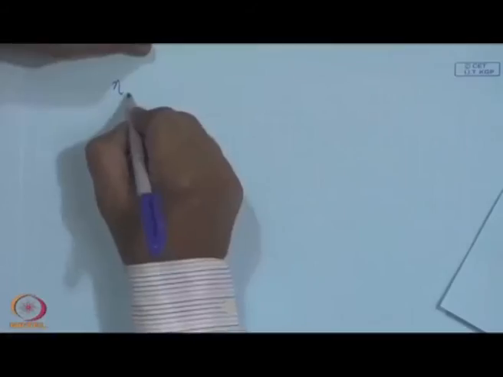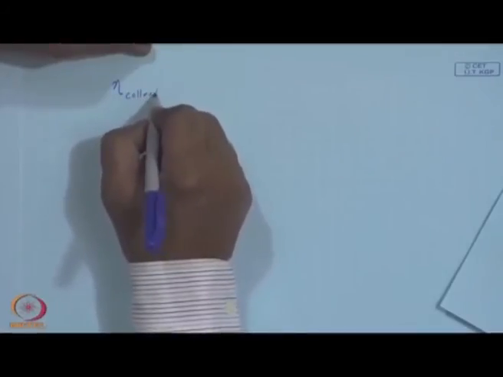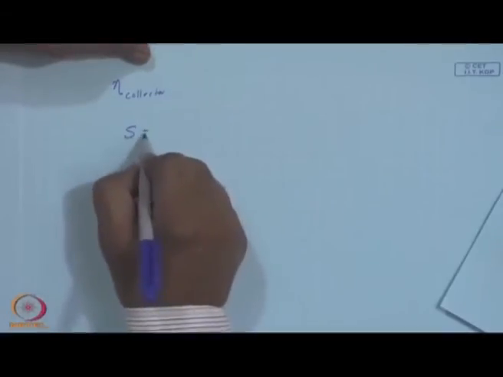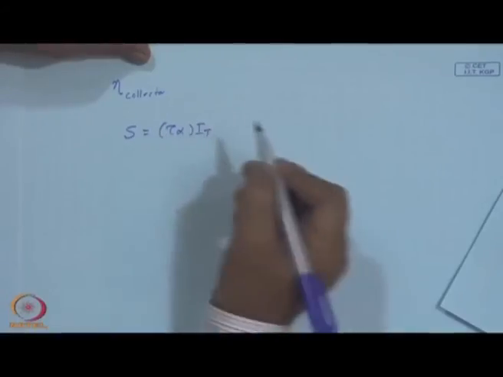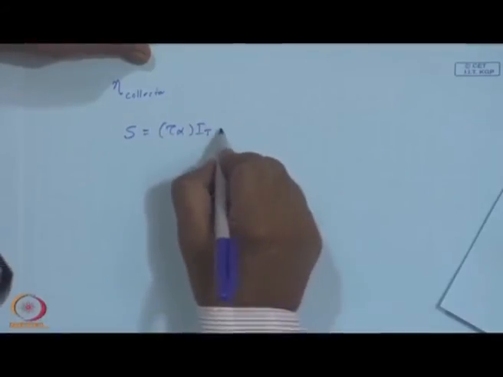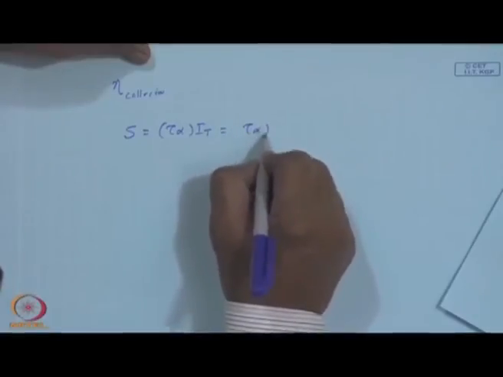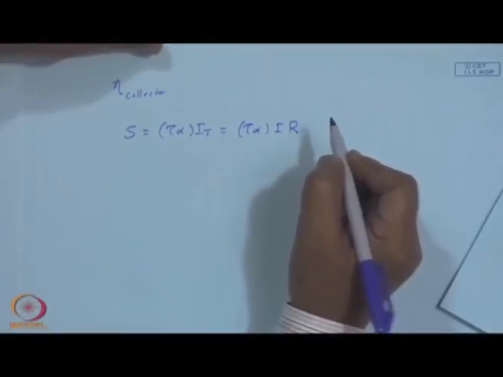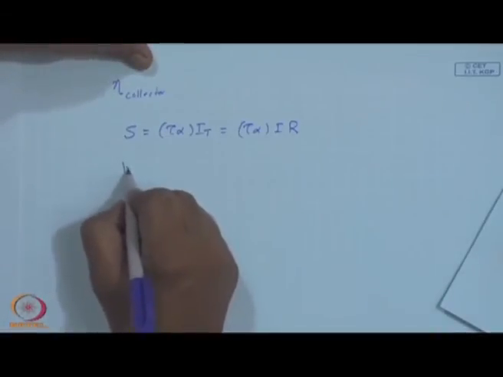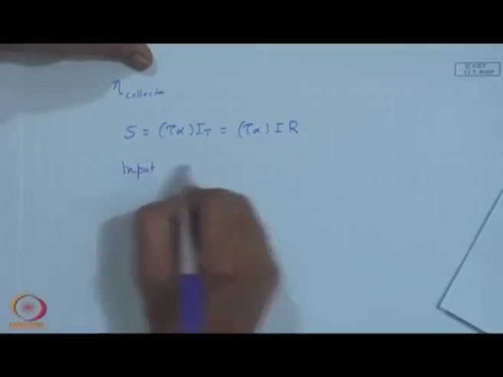So, we will try to find out what is the efficiency of the collector and how do we define it. The absorbed energy is tau alpha into I_T, which can be rewritten as tau alpha into I into that global conversion factor R. What is the input? It is I_T.